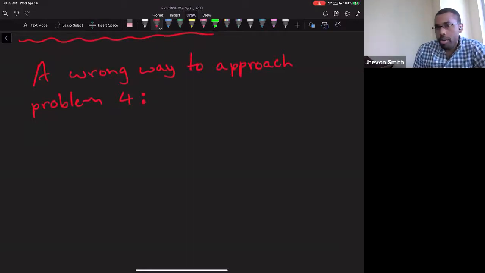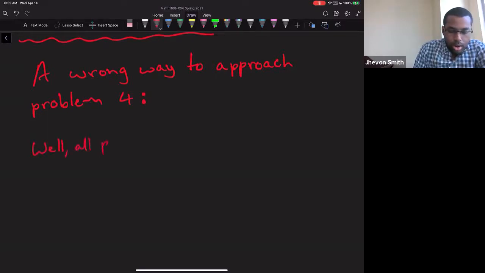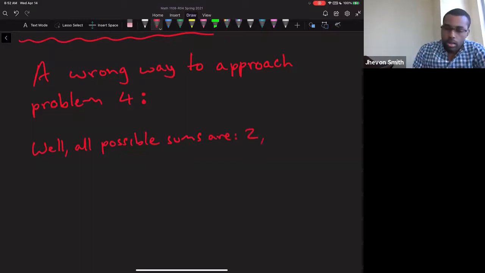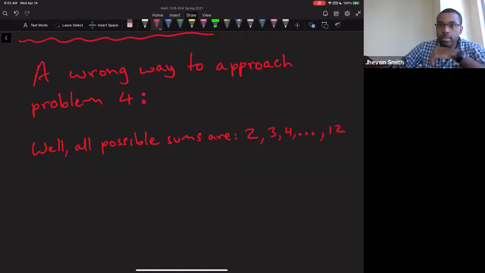So you could think, for example, all possible sums are 2, like if I get two 1s, 3 if I get a 2 and a 1, 4, etc. It goes all the way up to 12 if I got two 6s.